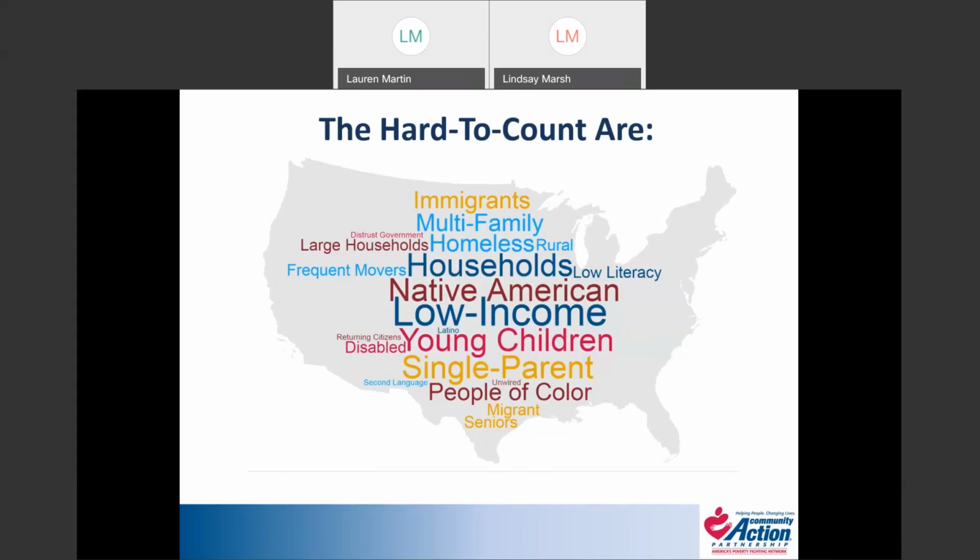Children 5 to 9 is the second most commonly undercounted group across the country. People of color, people who move a lot, Native Americans. The hard to count populations as identified by the Census Bureau is a veritable who's who of community action. And we have the power to reach them, talk to them about the census, and encourage them to be counted.